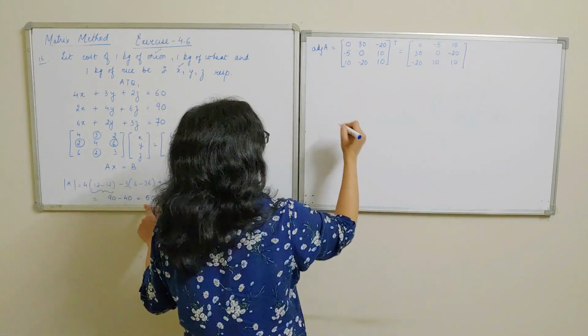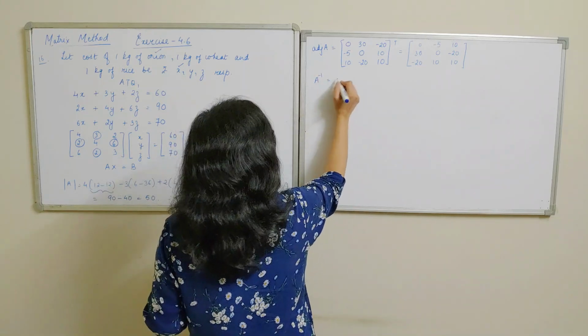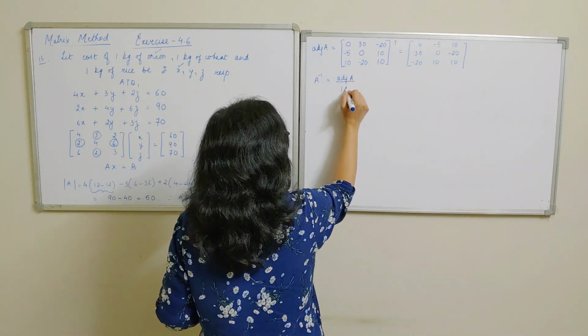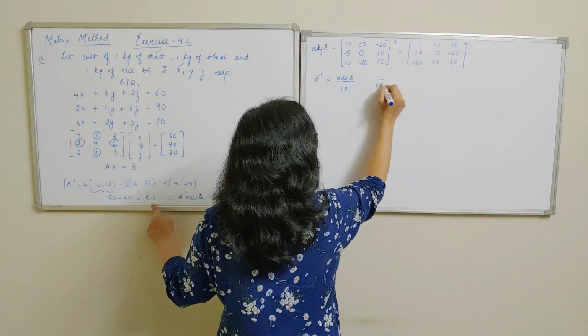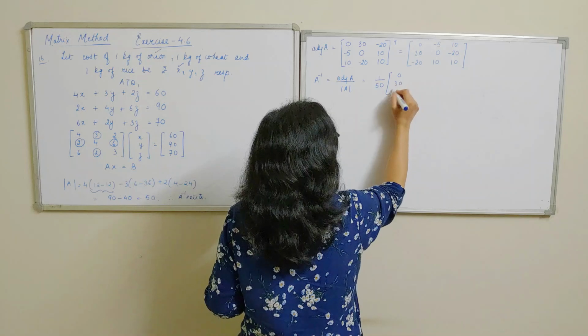We know the determinant. So next step we'll find out A inverse, which is the adjoint divided by the determinant, and the determinant is 50. This is the adjoint matrix.